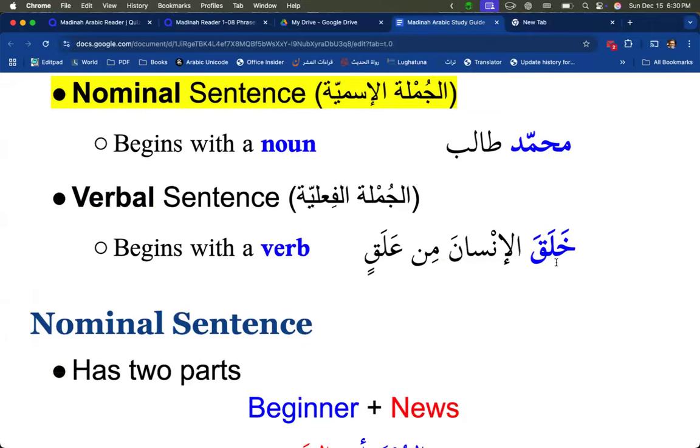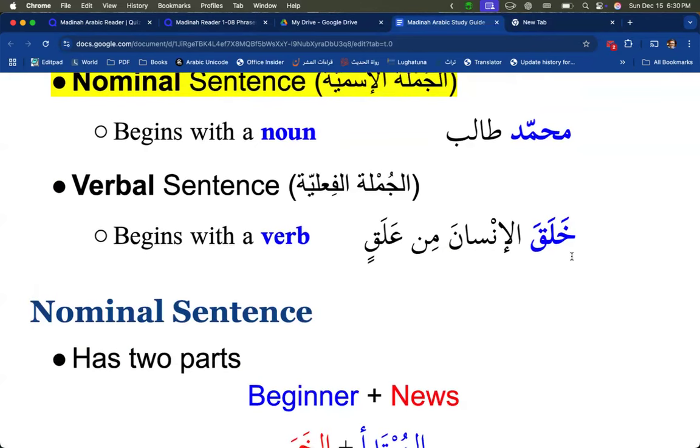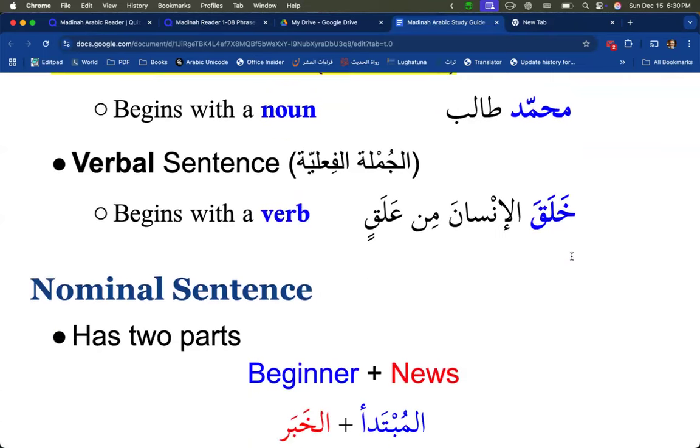And then there's a verbal sentence. خلق الإنسان من علق. Or ذهب المدرس, the teacher went, ذهب المدرس إلى الفصل, to the classroom. Right? So ذهب المدرس, that's a mubtada. إلى الفصل, that's the khabar. So that is a verbal sentence. جملة فعلية. Instead of a jumla ismiya.